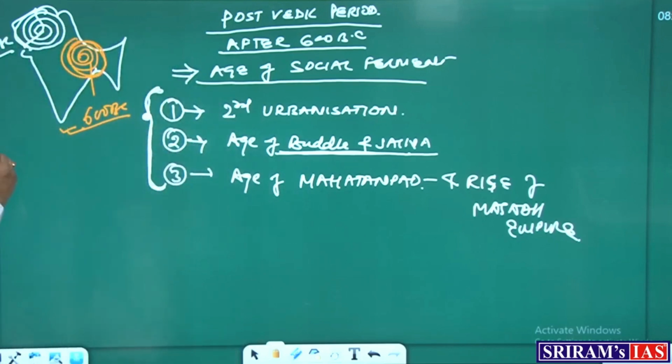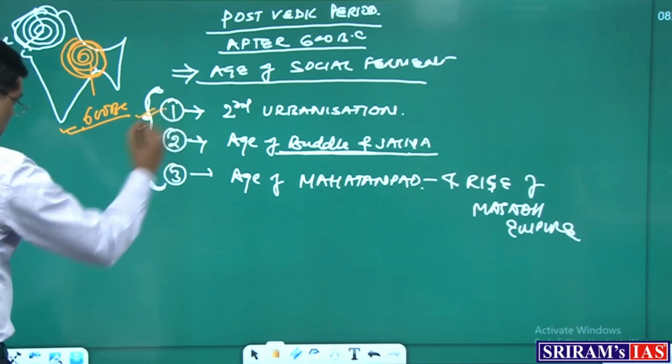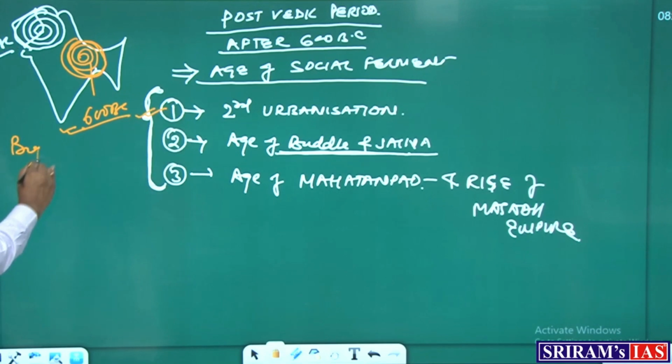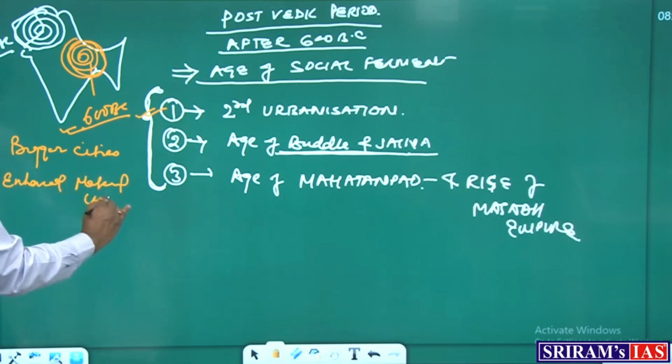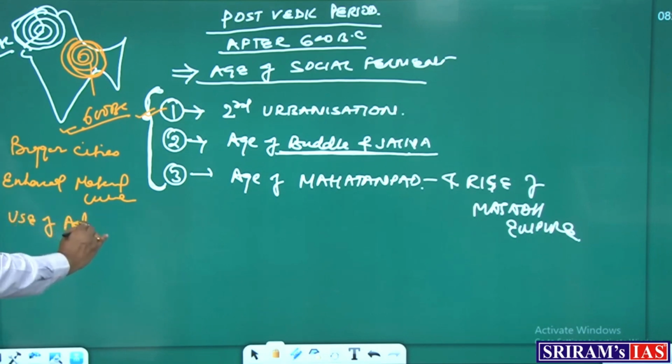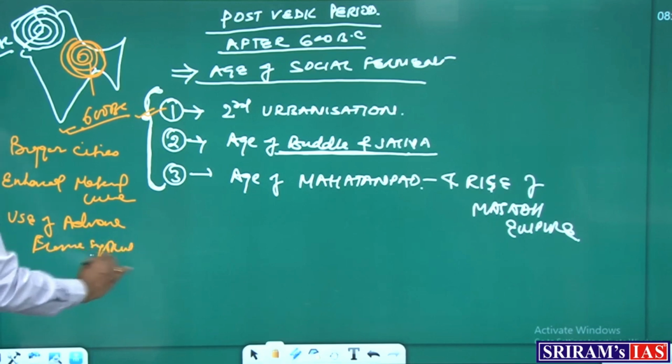So in comparison to this, the second urbanization had bigger cities, enhanced material culture, use of an advanced economic system, and huge social participation.